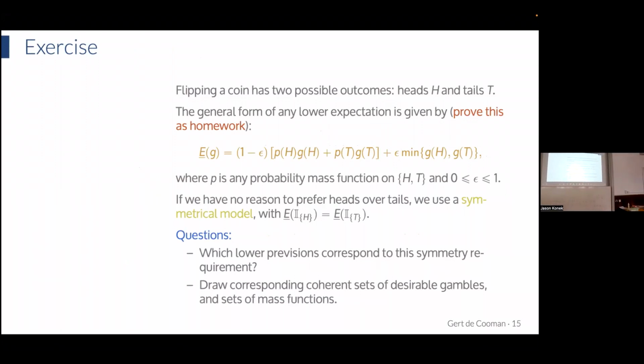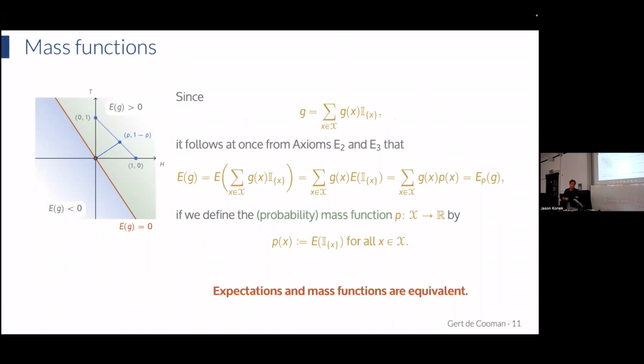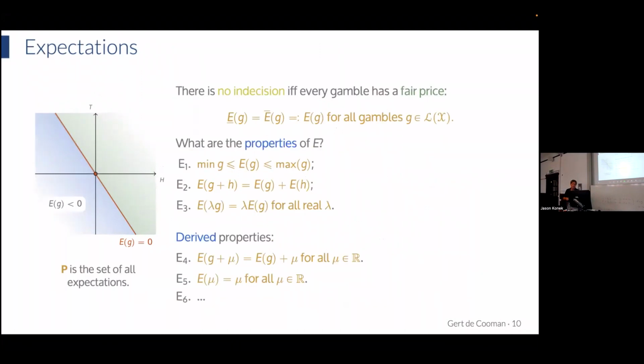The definition of expectation: an expectation is anything that satisfies these three properties. So it's a functional that takes gambles to real numbers that satisfies these three properties.